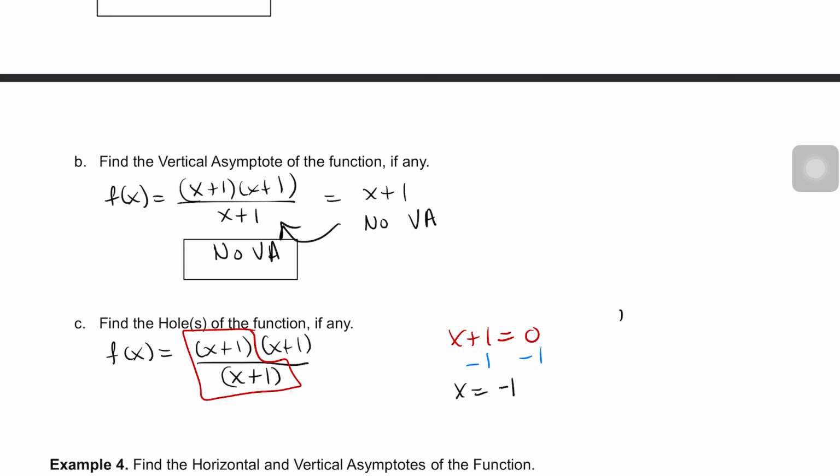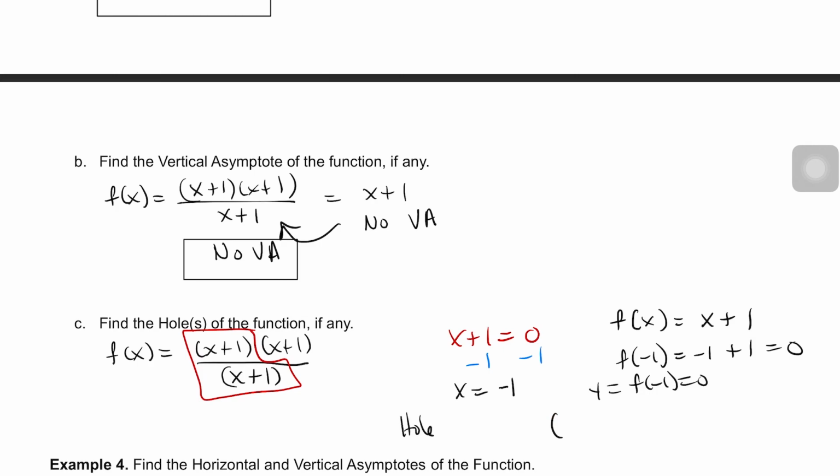What we need to do is plug negative 1 into the simplified function, x plus 1. And what do we get? We get 0. So the y value is 0. So the hole is at negative 1, 0. X is negative 1, and y is 0. All right, so there you go.